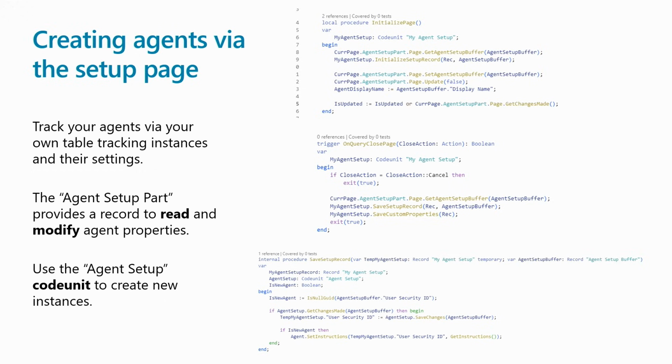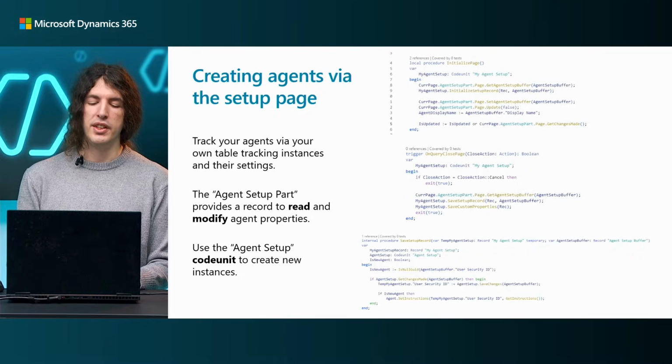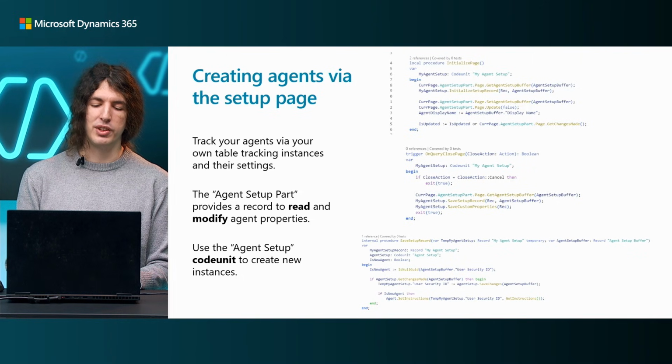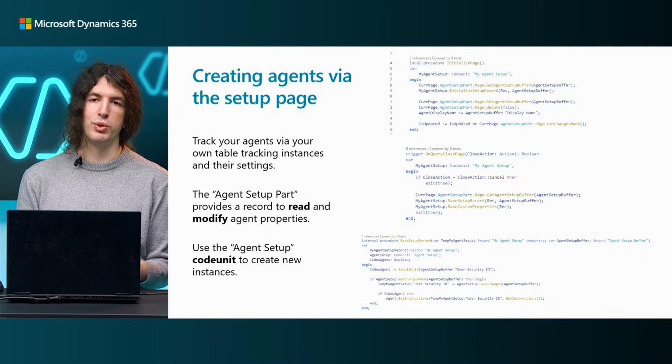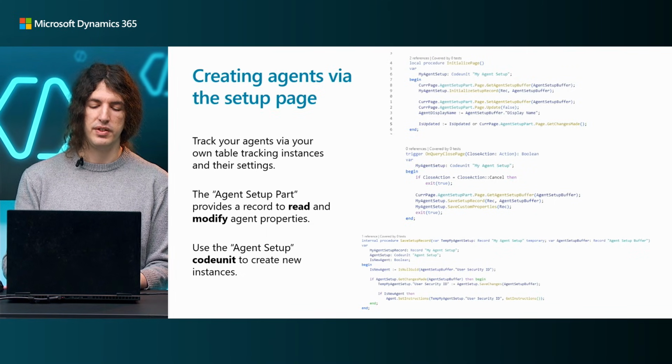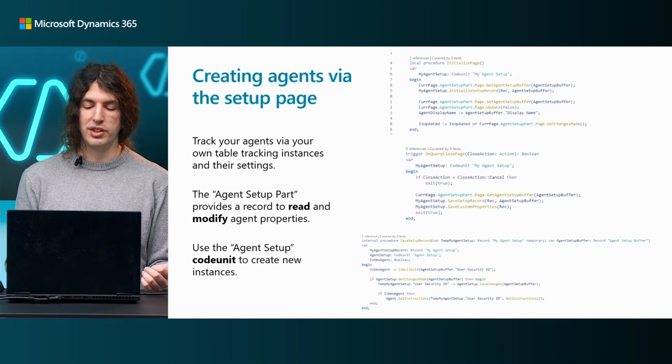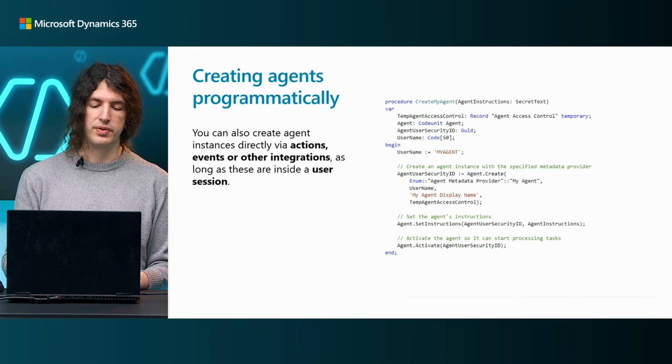And you set this to make changes. And then you also make changes to your own table when the user clicks OK. The agent setup codeunit allows you to basically automatically create an agent when you save changes on it. Finally, you also need to set instructions on it in order for the agent to have some instructions.